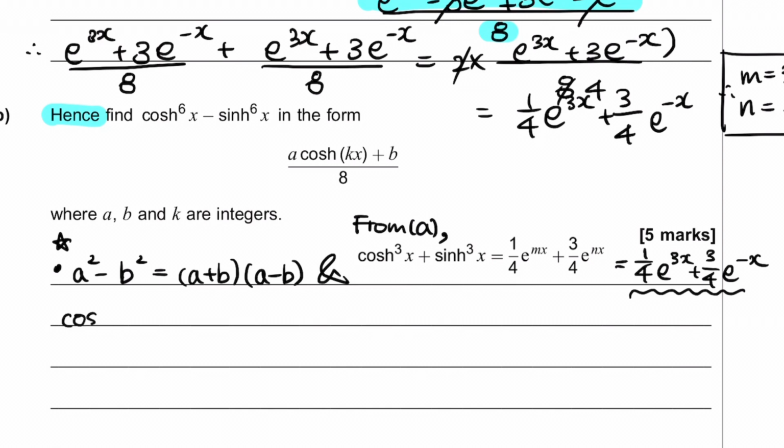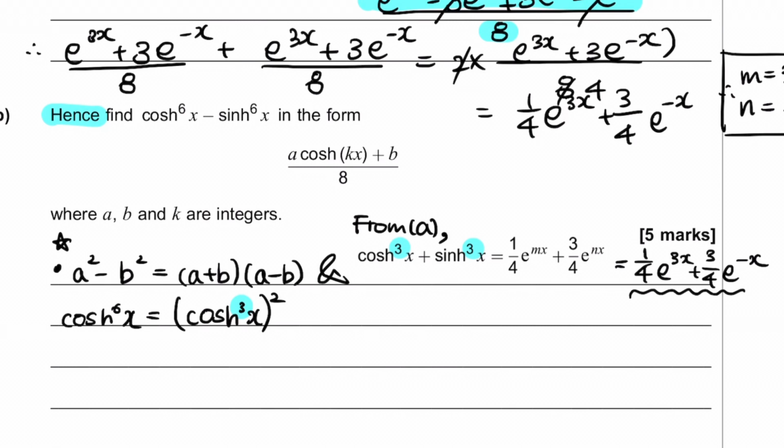Our cosine h to the power of 6x is actually equal to cosine h to the power of 3x to the power of 2. So why did you do that? This 3 is important because we know that we're going to use the fact from part A. So I'm just going to change the cosine h to the power of 6 into this form.